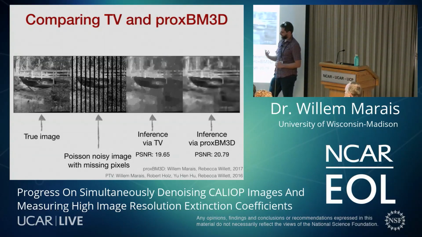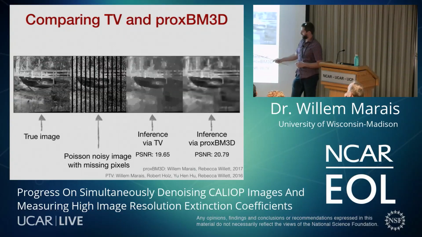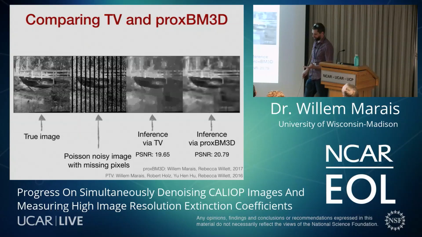And then we can use either total variation inference, where you promote a piecewise constant function. You say that the image I'm trying to estimate can be accurately approximated with a piecewise constant function. This is the result you will get. And if you use the ProxBeam 3D method, using the non-local means estimation methodology, this is the result you get.